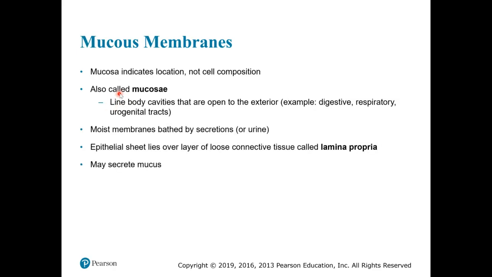A mucosal membrane indicates location. Like I mentioned, it's open to the outside world. The digestive tract, open on both ends. The respiratory tract and the urogenital tracts are all mucous membranes. They are bathed by secretions, or in the case of the urogenital tract, urine.